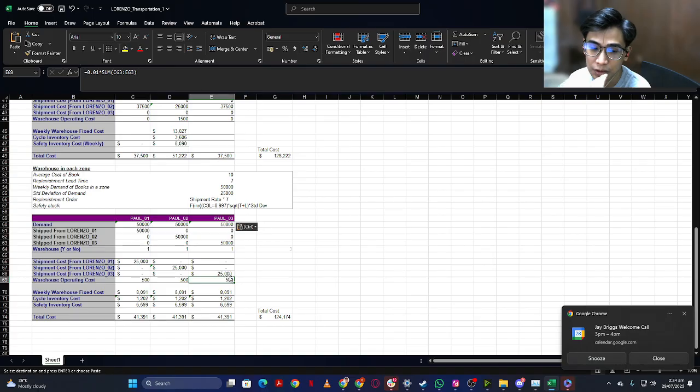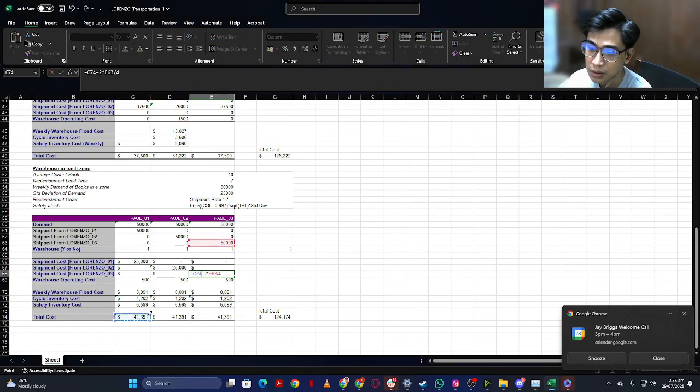The shipment cost per location is calculated using the same formula, 50,000 books times 2 over 4, which is 25,000. All the other costs, the fixed, cycle, and safety, are calculated the same way, but now per warehouse. The total weekly cost per warehouse or per location is the following. From Paul 1, we have $41,391.